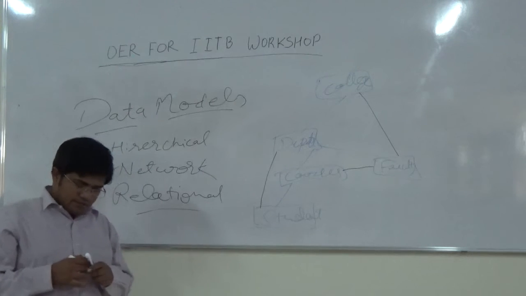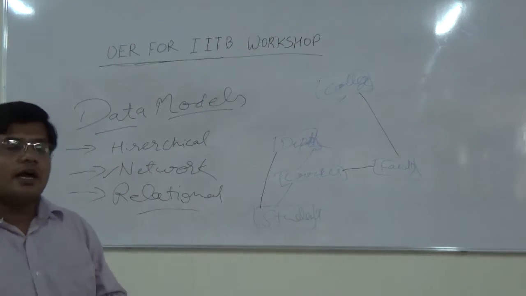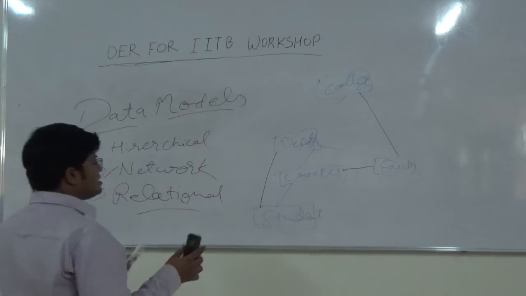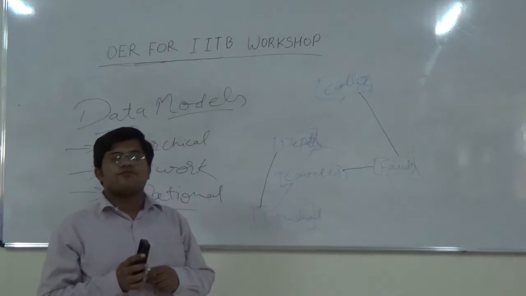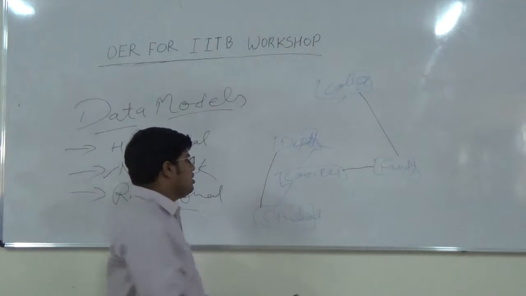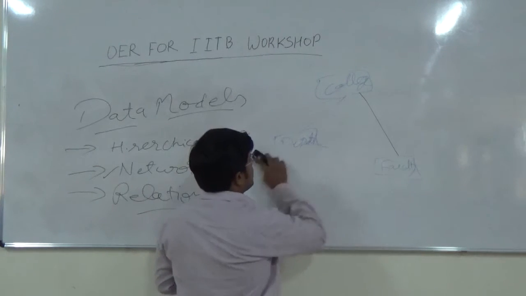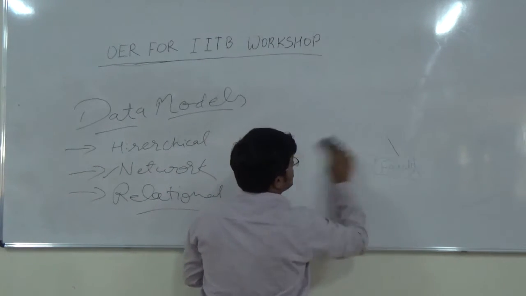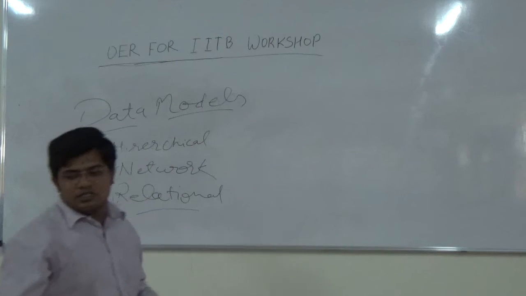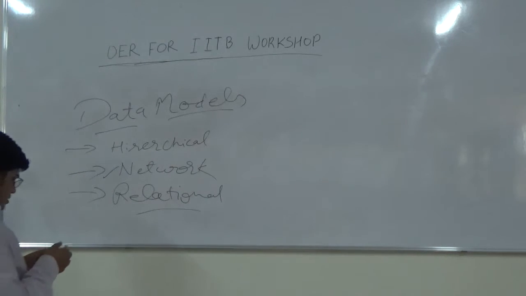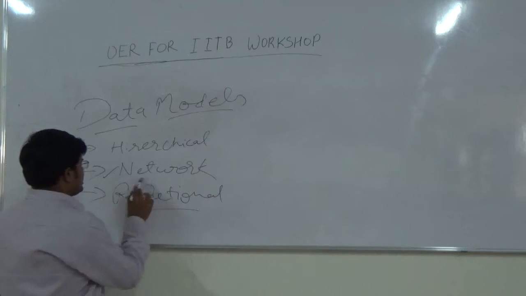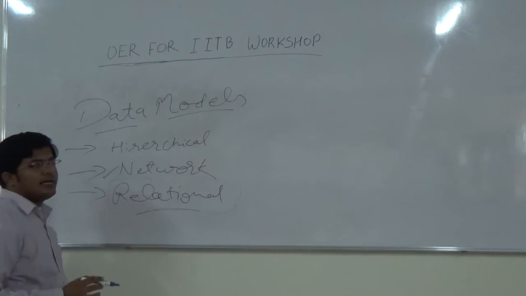But it's not the end, because these two models are just logical representations for the understandability of a user. At the end of the traditional data model discussion, we come to one of the major sections, the relational data model.